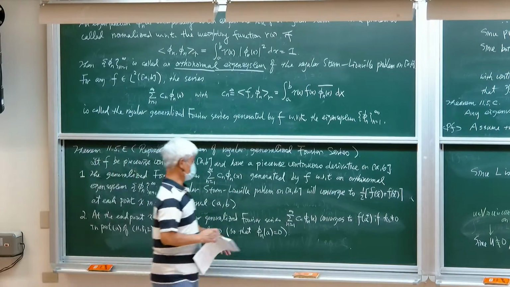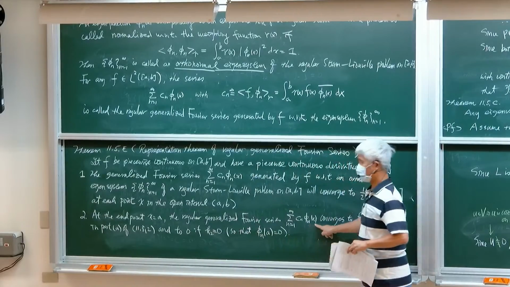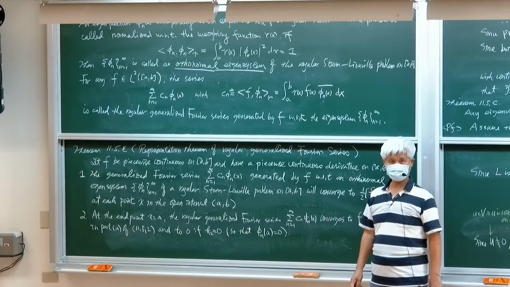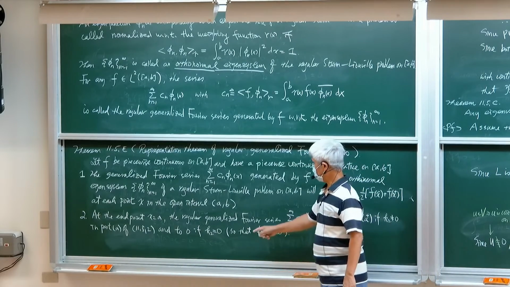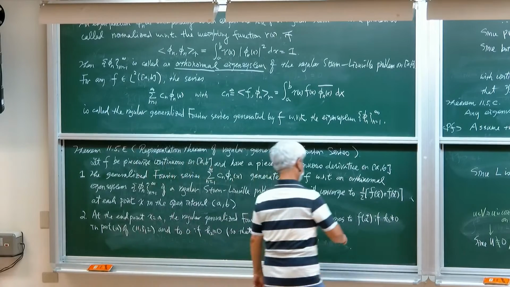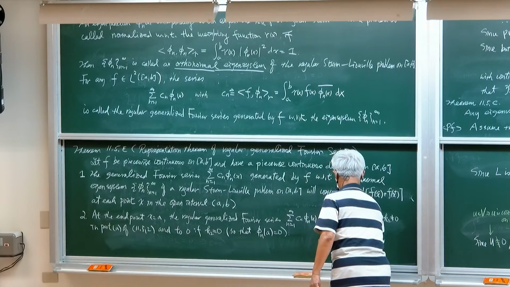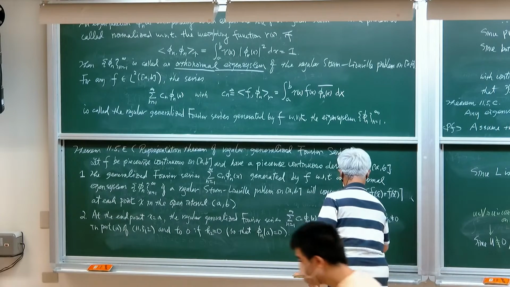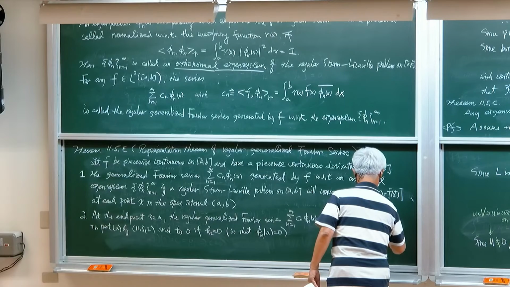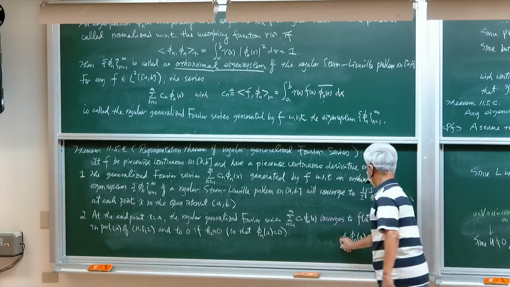So this describes the convergence behavior of this generalized Fourier series. If k2 is 0, remember what k1 and k2 are? At A, we know k1 phi n of A plus k2 phi n prime of A equals 0.